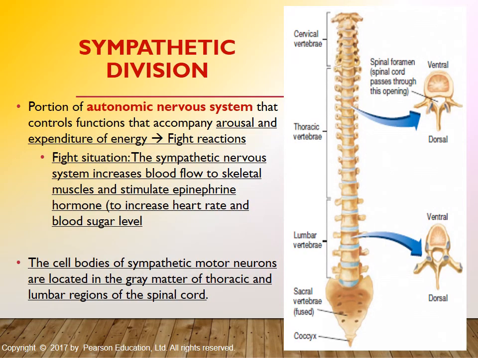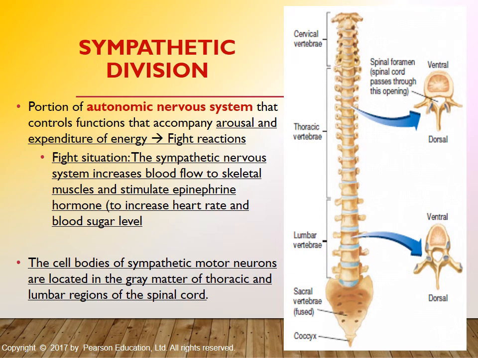Next, the sympathetic division. The next subdivision of the PNS is the sympathetic division. It is the portion of the autonomic nervous system that controls functions that accompany arousal and expenditure of energy, causing the fight reaction. So what is the fight reaction?